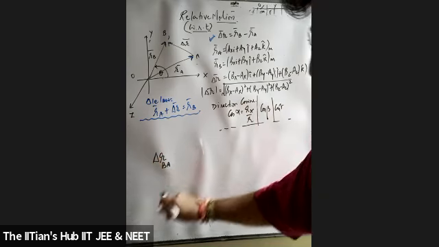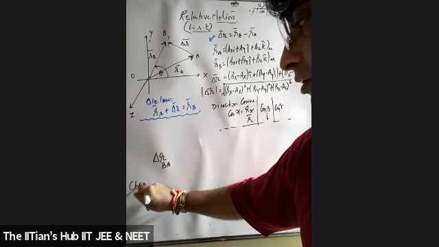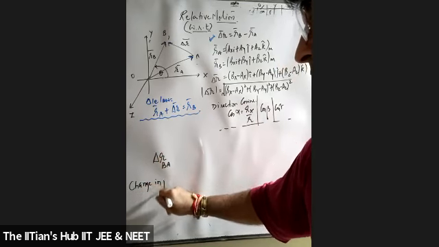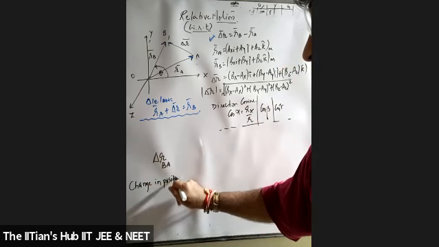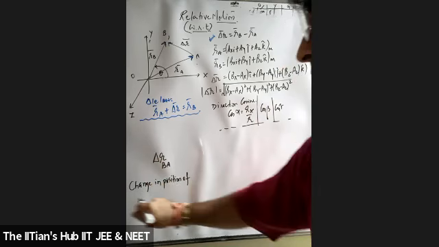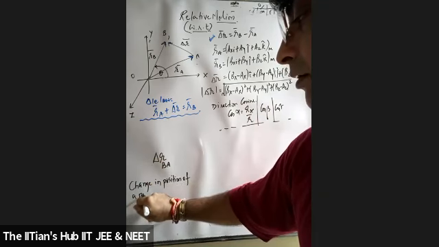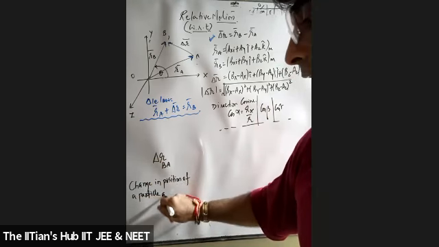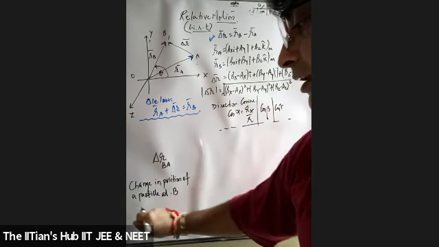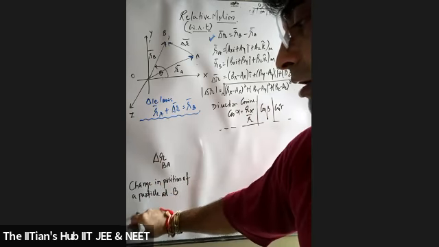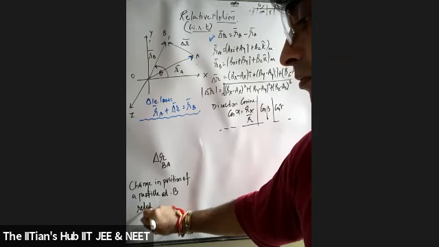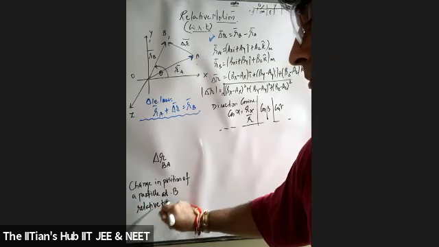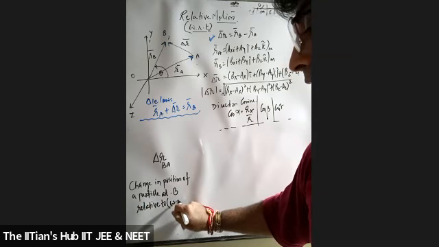How do I write it down? Change in position of a particle at point B relative to, or WRT.